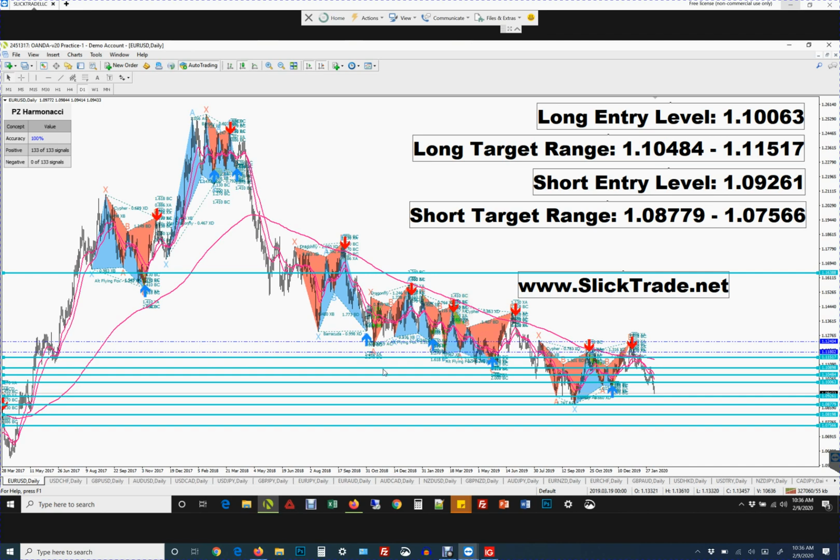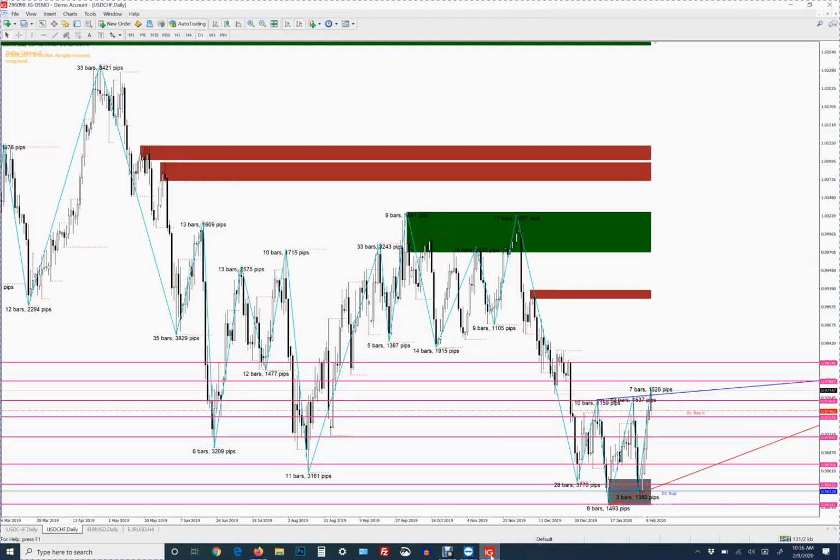And on the last trade, now this was not the euro dollar, this was USD CHF, it was really nice. We got the short entry and long entry, and they both hit their target levels, or their first two at least.